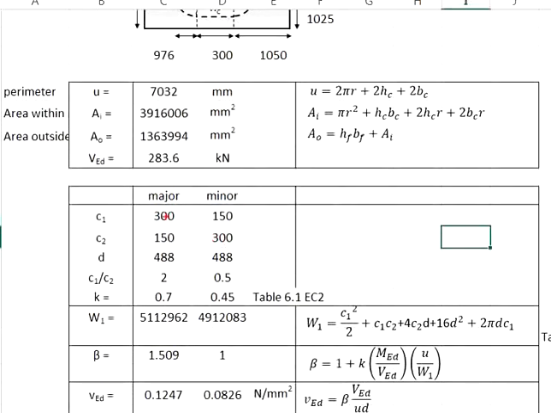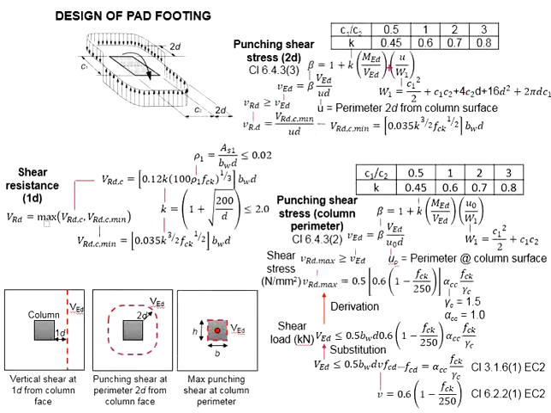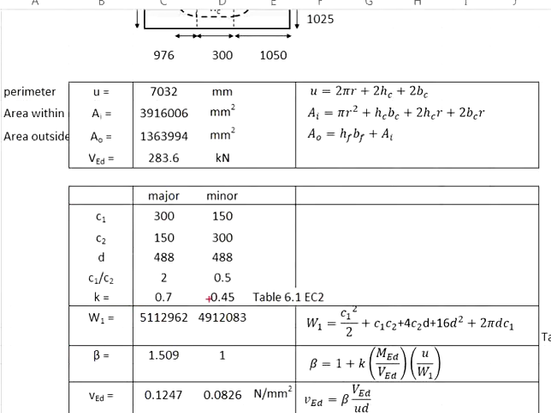Based on the calculated C1 and C2, you have the ratio of 2.0. Referring to this table, C1 over C2 equal to 2.0 will give you k equal to 0.7. This is how you obtain k equals 0.7.